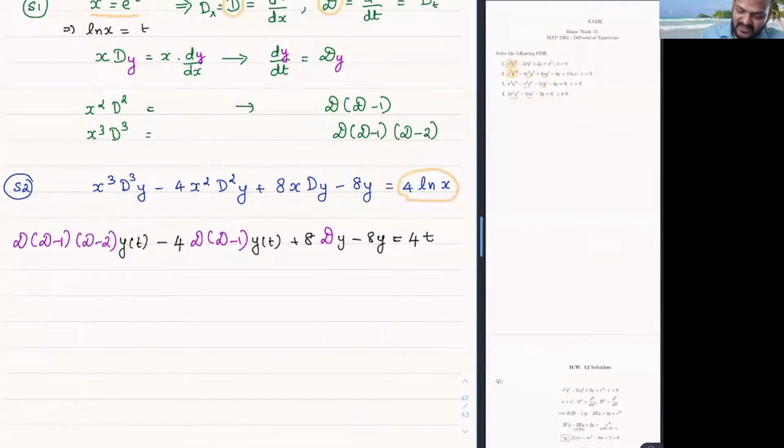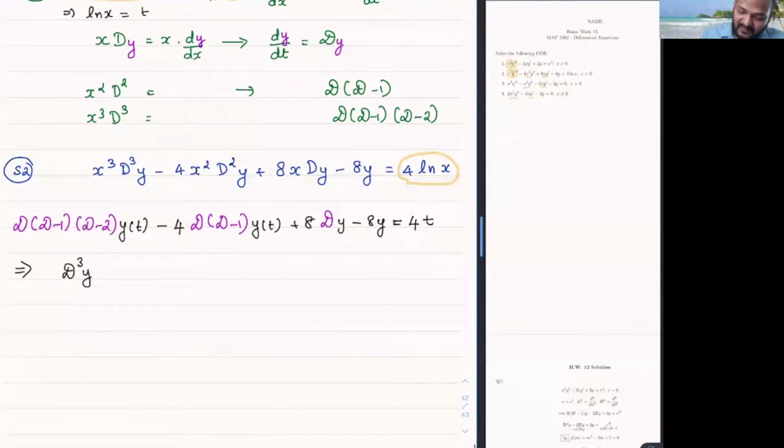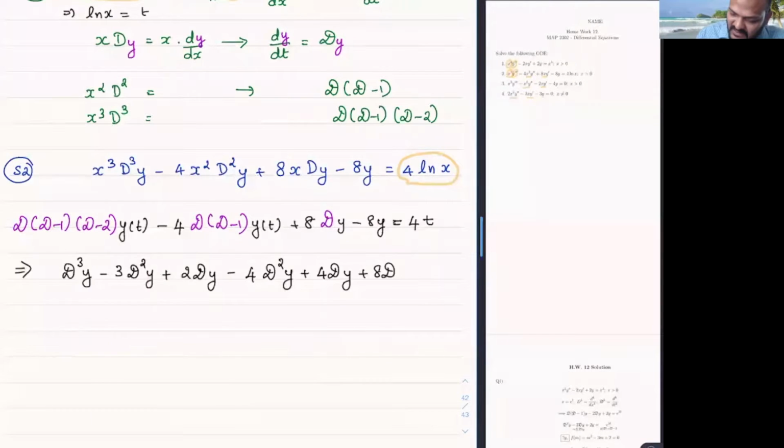To simplify, I'm going to have d cubed y, from now on y is a function of t always, right? Then minus 3d squared y, plus 2dy, minus 4d squared y, plus 4dy, plus 8dy, minus 8y is equal to 4t, right?